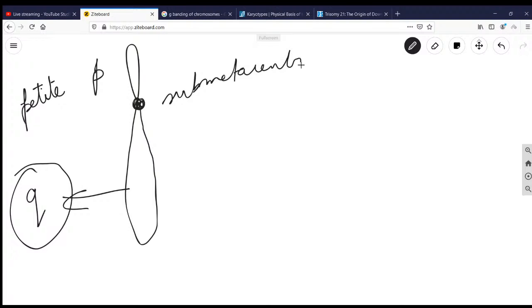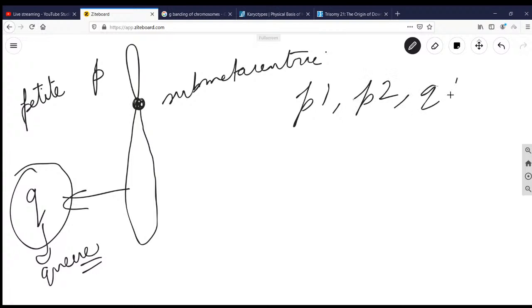Sometimes q is taken as a full form too. These are the cytogenetic bands, and sometimes the bands are labeled as p1, p2, q1, q2. So first band, second band, like this, it will be labeled.